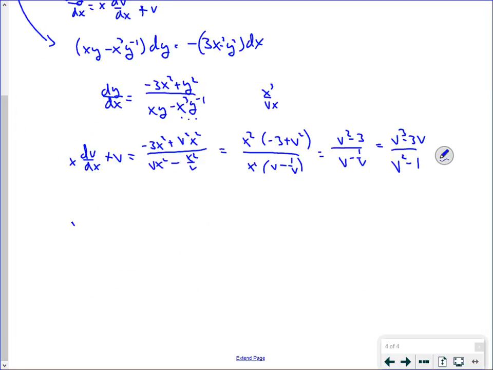So I have x dv/dx plus v equals this. So let's get this v over on this side. v cubed minus 3v over v squared plus 1, not minus 1.